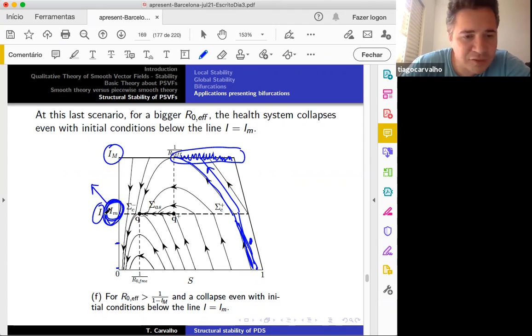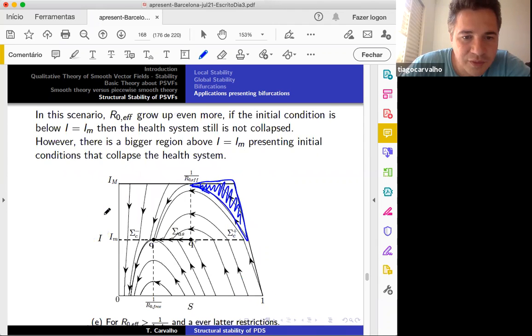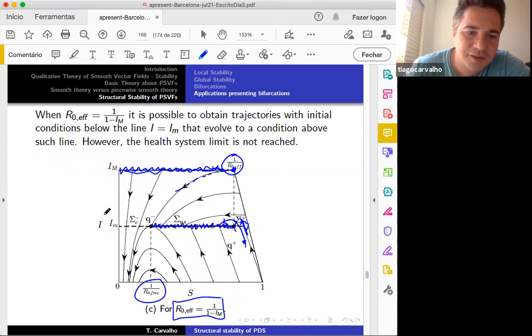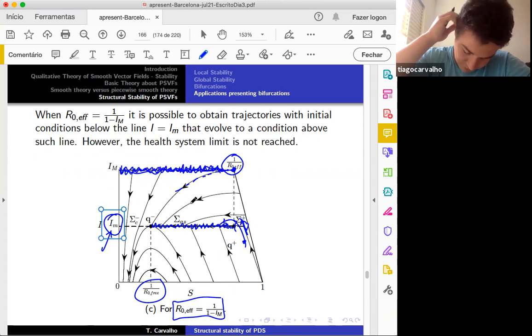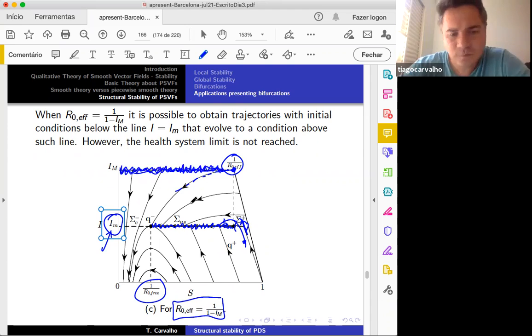We found this number such that for any initial condition, the health system is not in danger.